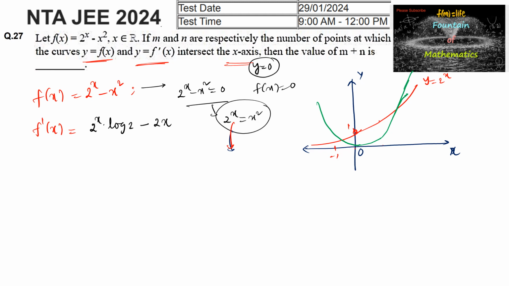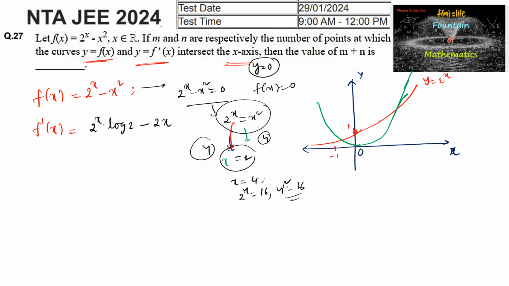In the graphs y is equal to 2 power x and y is equal to x square, when x is equal to 2, 2 power 2 is 4 on the left side and 2 squared is 4 on the right side. So at x is equal to 2, they will intersect. Also, when x is equal to 4, 2 power 4 on the left side is 16 and 4 power 2 on the right side is also 16.